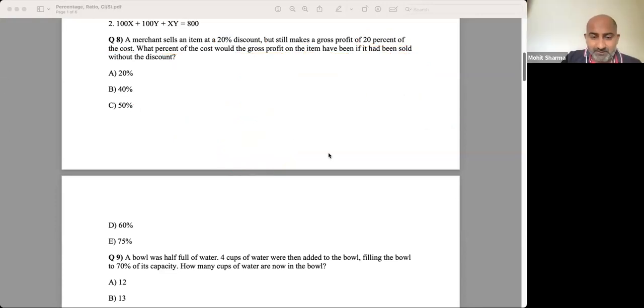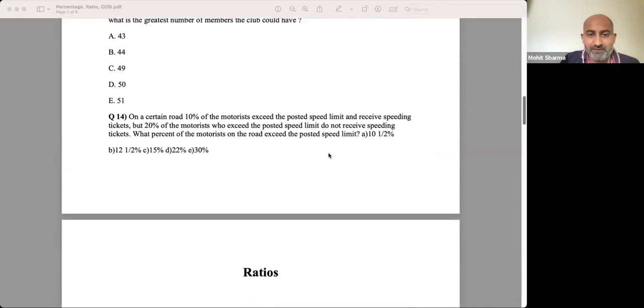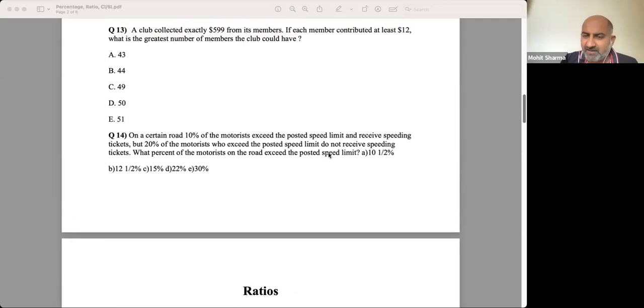Now let's see. 14th is a classic word problem question. Lot of statements, lot of twisted words. On a certain road, 10% of the motorists exceed the posted speed limit and receive speeding tickets.